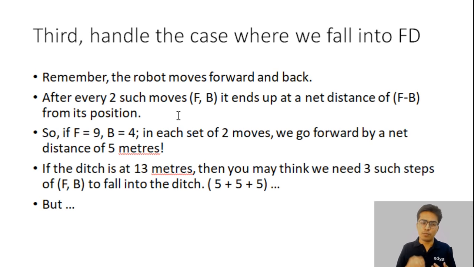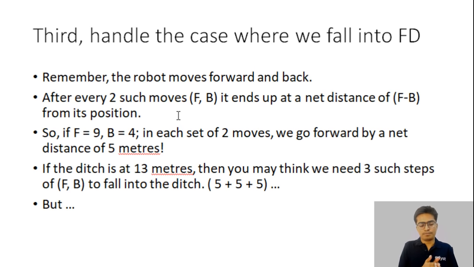And the reason why it has to fall into a ditch, if you think about it, is that if you take these steps in terms of pairs, you move forward by F meters and you come backwards by B meters, and F is not the same as B, then every time that you make these two steps together, one after the other, you end up at a net distance.